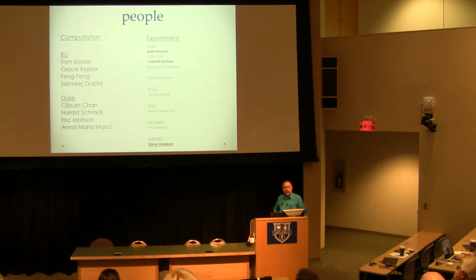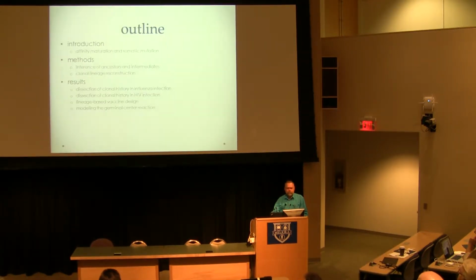I'm going to start off by talking mostly about that work, and that involves mostly Bart Haynes, Garnet Kelso, and Steve Harrison, who with me have been working on these particular problems in the context of HIV, although we'll also be talking about influenza.